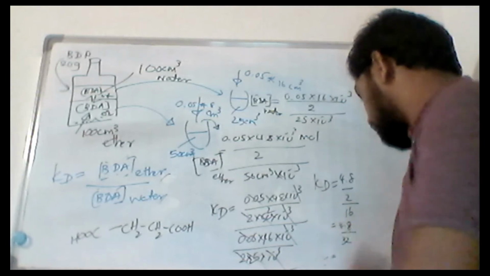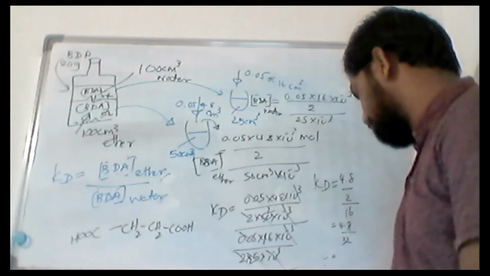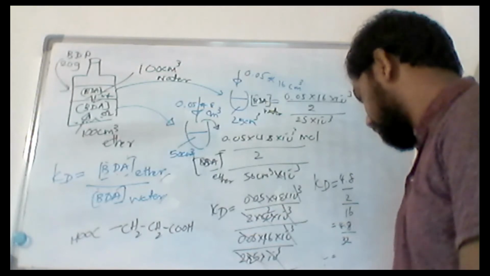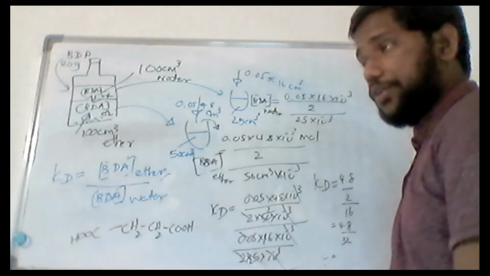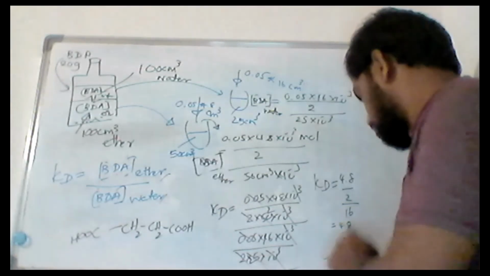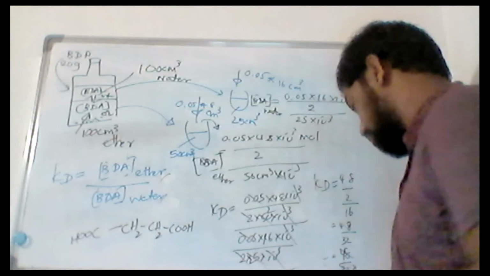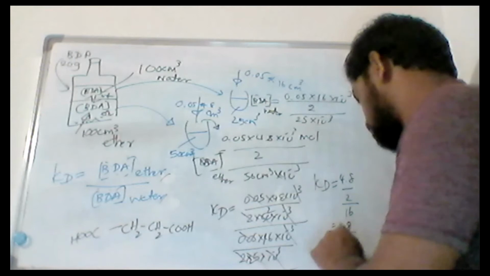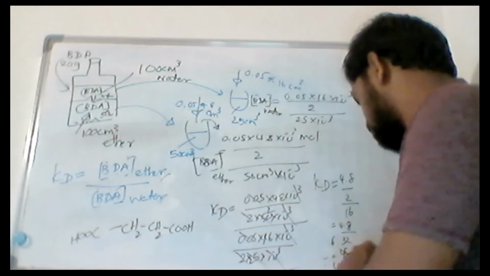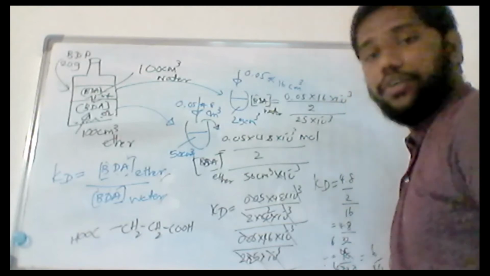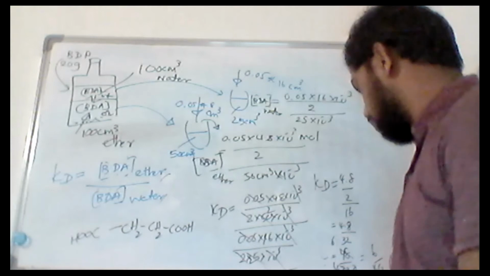So if I put 48 here, it will be 6 over 4, which is 3 over 2, so 2 over 3. So you can get a value here as 48 over 320. And then there will be 8 into 6 here, 8 into 4 here, so 6 over 40. You can leave it as a fraction or you can determine the value.